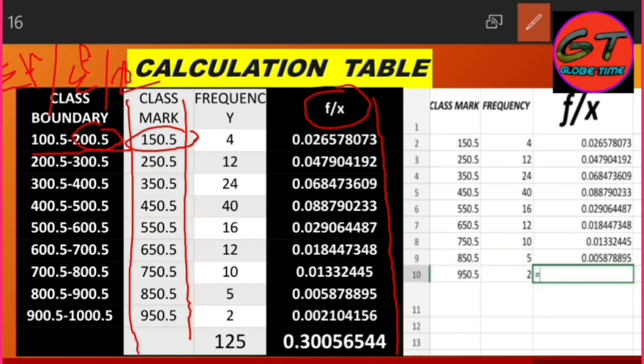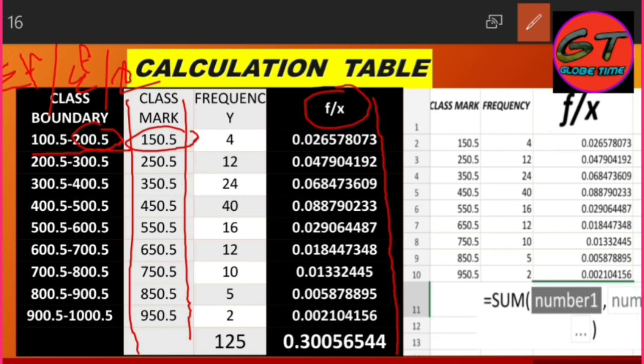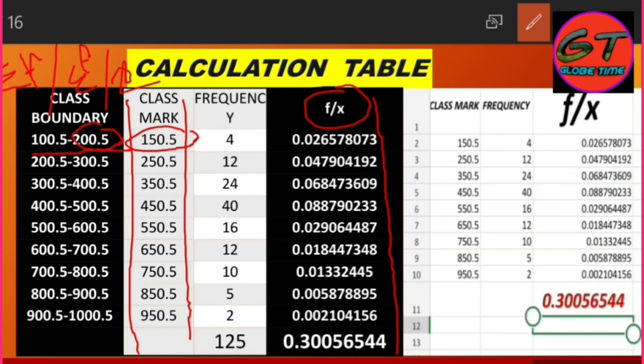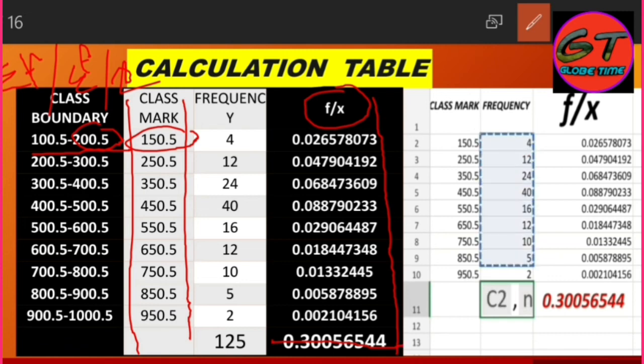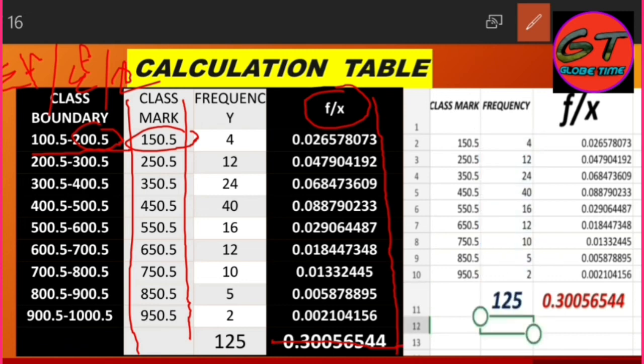Summation of f by x equals 0.300565, and summation of f equals 125.